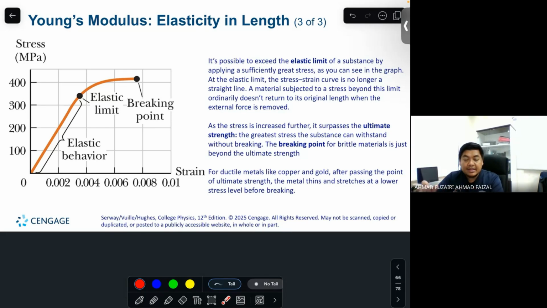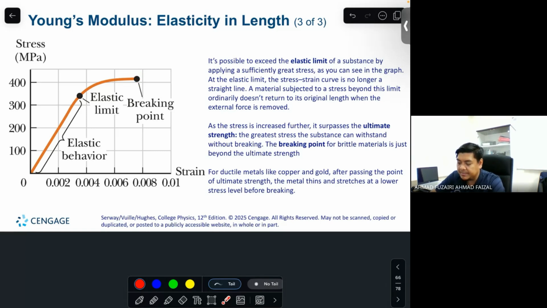But after it reaches the elastic limit, the sock cannot go back to its original shape. In fact, at some point, as the stress is increased further, it surpasses the ultimate strength, the greatest stress the substance can withstand without breaking. So that means it can go until a breaking point.